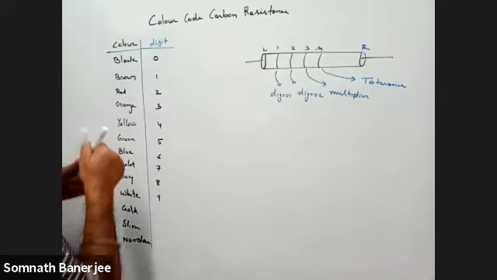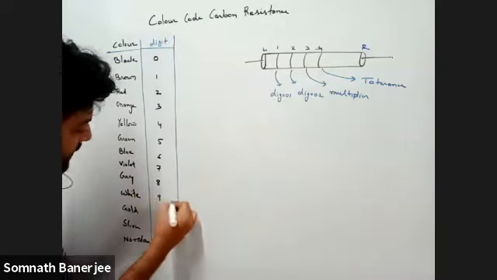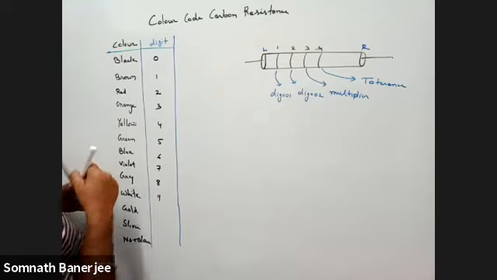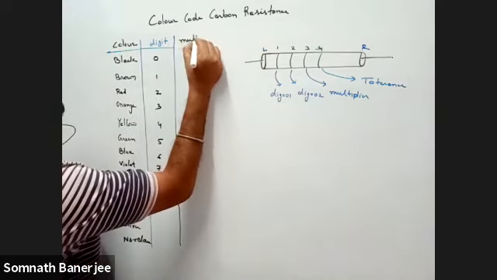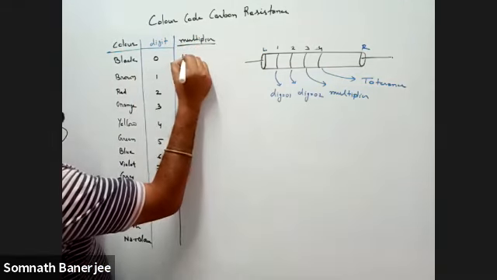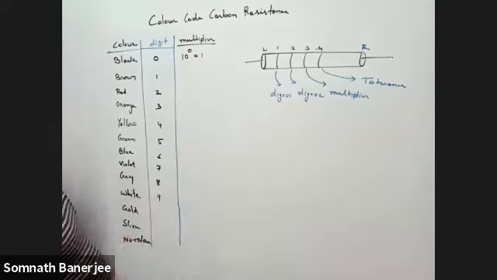After that, we write the multiplier. So multiplier 0 is 10 to the power 0, which is 1.